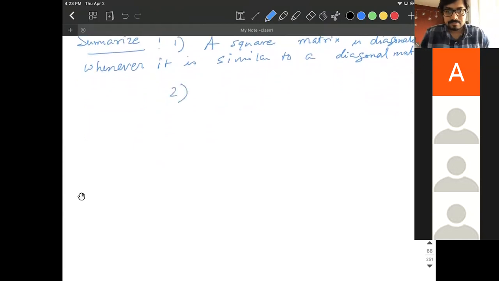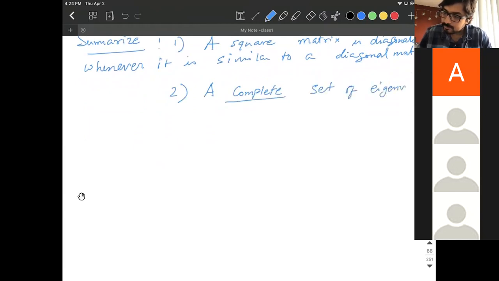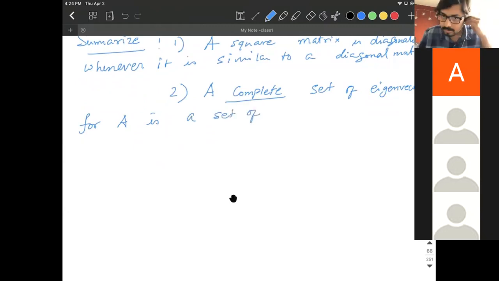Number two, a complete set of eigenvectors for A is a set of n linearly independent eigenvectors.